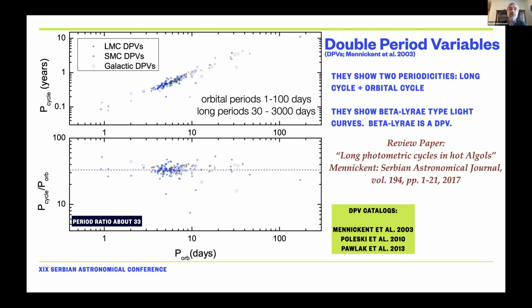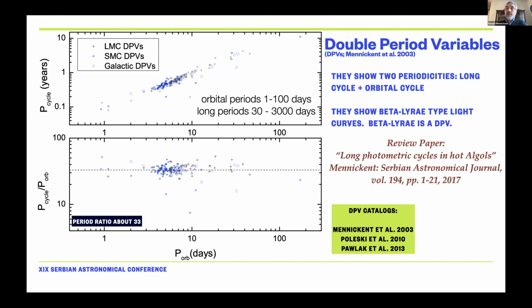The orbital periods typically are between 1 and 100 days, and the long periods between 30 and 3,000 days. The lower graph shows the ratio between the long cycle period and the orbital period. It is on average 33, but with a relatively large scatter around this average value.